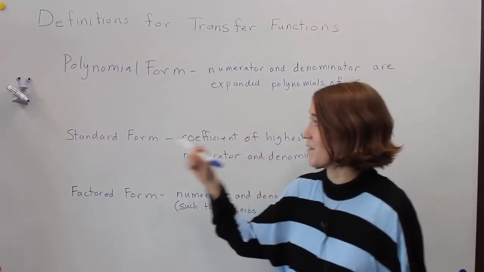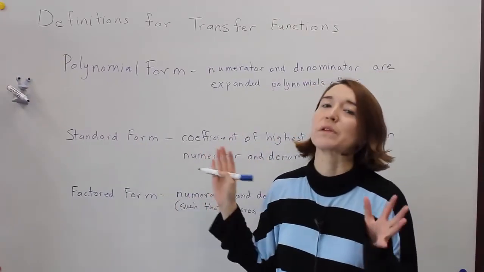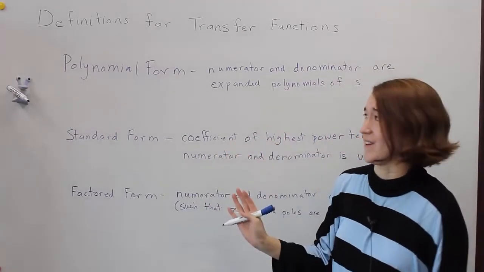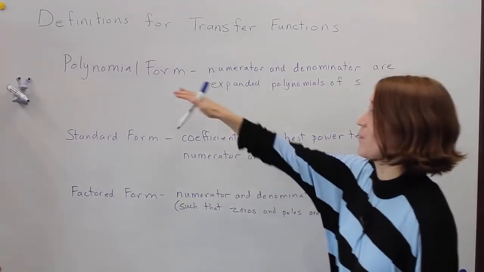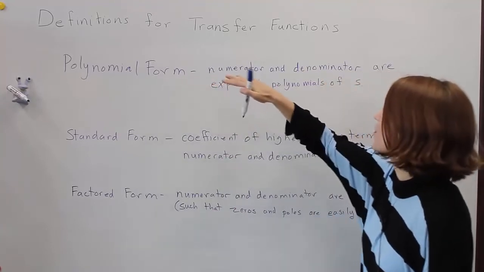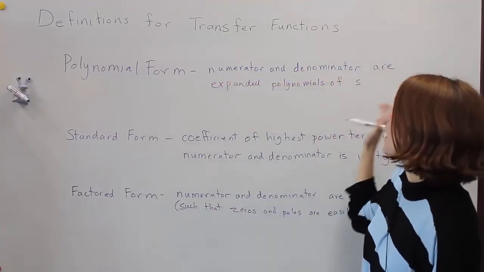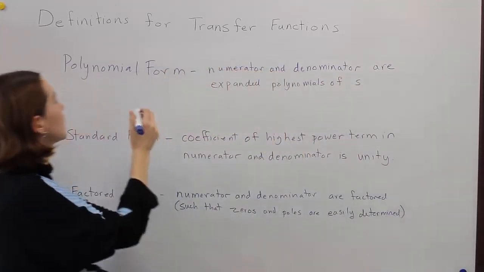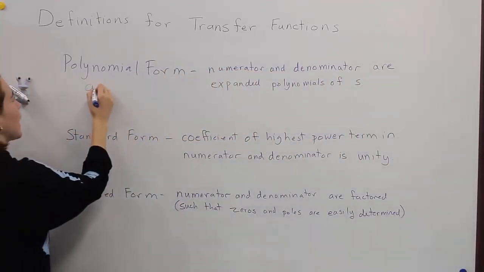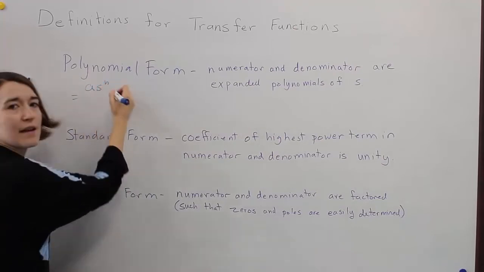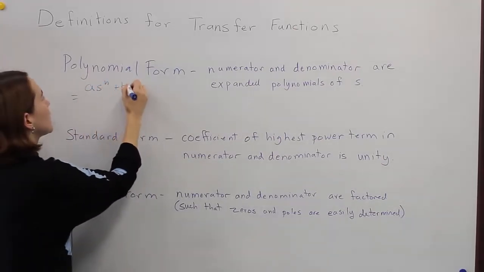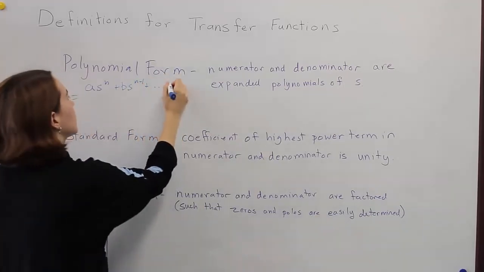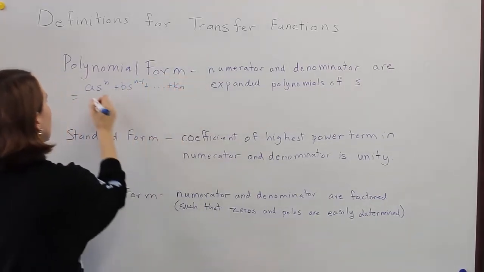For clarity, Valerie wanted to make sure that you completely understood and that I didn't mess it up. So she wrote out the definitions for each of these forms. The polynomial form is where the numerator and denominator are expanded polynomials of s. So as an example, we could write a s to the n plus b s to the n minus 1 plus all the terms until we get to our constant value.